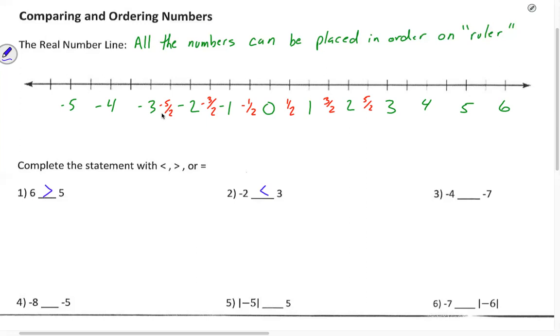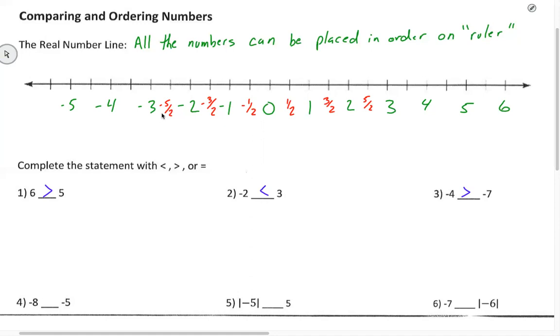Now, when we have two negative numbers, I don't have -7 on my number line, so it's a little difficult to think about, but I like to think about it in terms of money. Katie, would you rather owe $4, and owing's not good, so that's why it's negative, or would you rather owe $7? Of course, Katie, you would say 4. Very good. The -4 is going to be bigger.